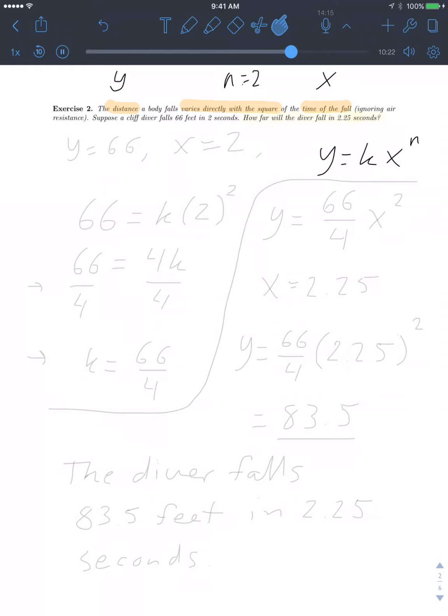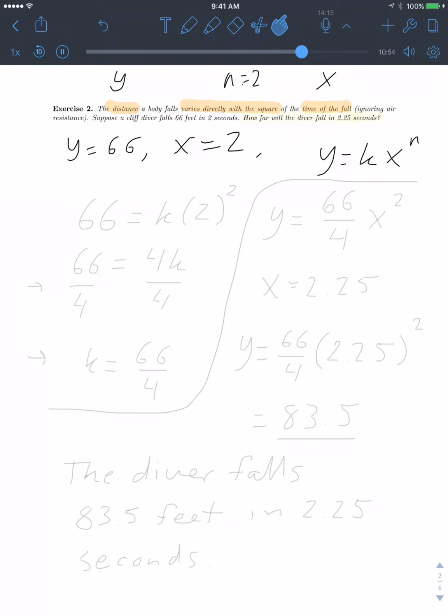So as a body falls for more time, the distance that that body falls is going to change. Now, we also know in this case that if a cliff diver falls 66 feet in 2 seconds, we are saying that y is 66, and the time of the fall, x, is 2. So we have a lot of pieces here.